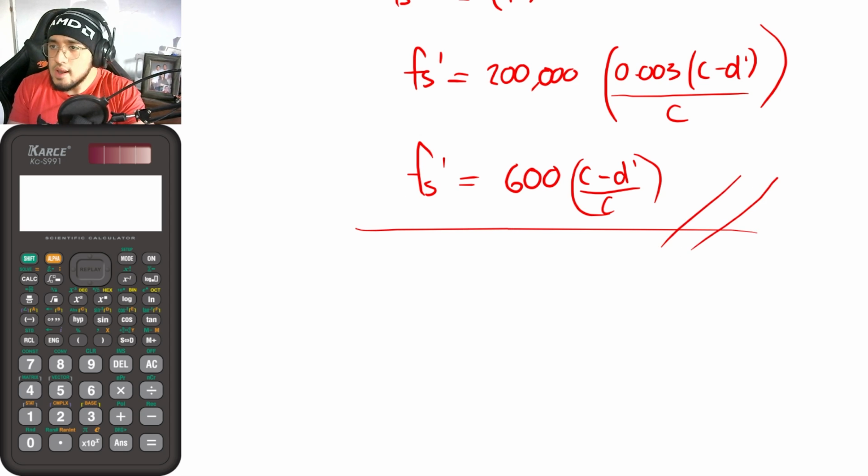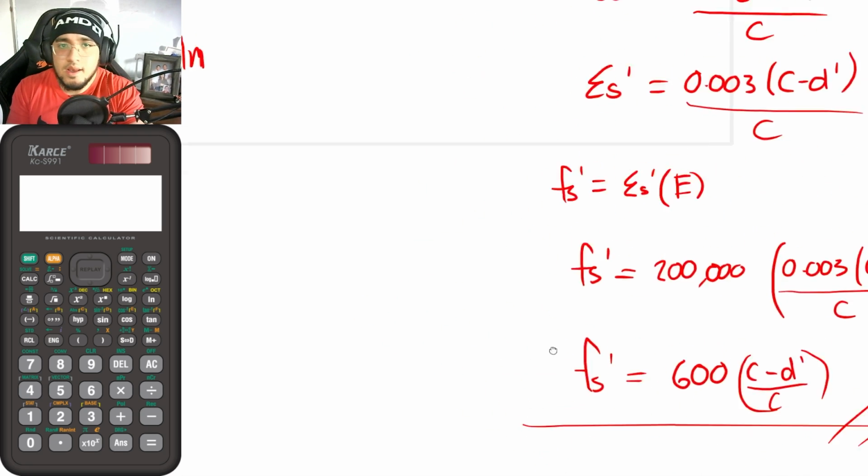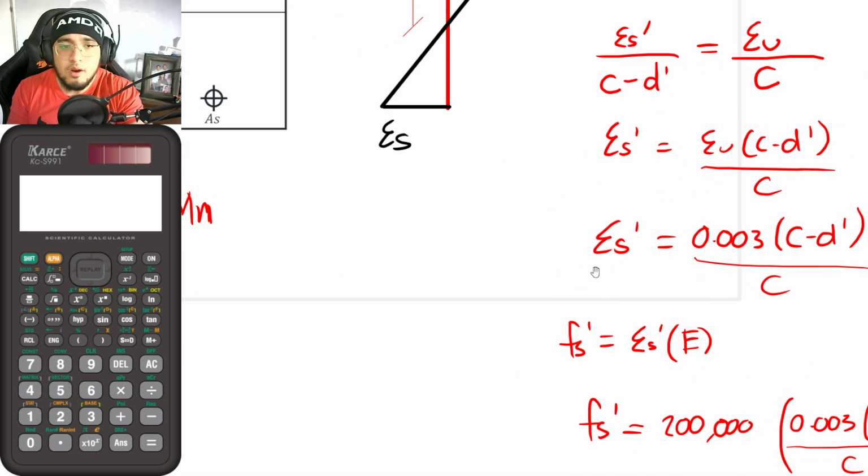It is actually easy to memorize once you already know the value of fs. fs is equal to 600 times (d minus C) over C, so just change this d minus C over C into C minus d prime over C. Okay, with that, we will now proceed to our design problem.